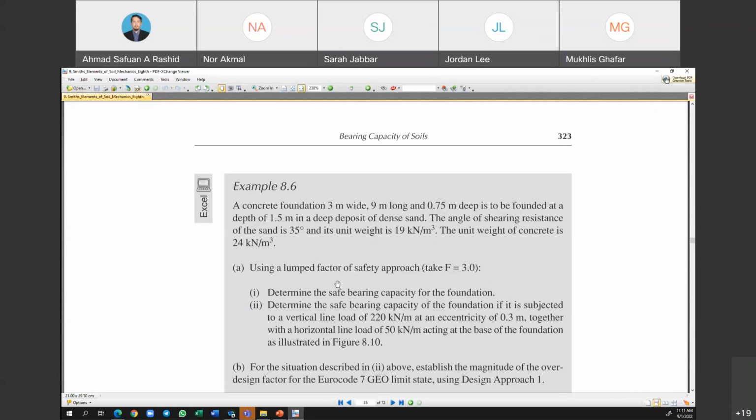Using a lump factor of safety approach, which is 3.0, determine the safe bearing capacity for the foundation. Determine the safe bearing capacity if it's subjected to a vertical line load of 220 kilonewton per meter at an eccentricity of 0.3 meter, together with a horizontal line load of 50 kilonewton per meter acting on the base of the foundation, as illustrated in figure 8.10.